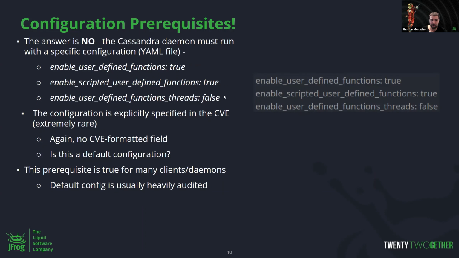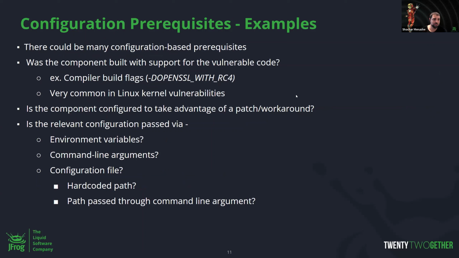Sorry, I didn't elaborate, but specifically on Cassandra, this is only exploitable in a non-default configuration. There has to be a YAML file, and it has to have these specific configurations. So, more examples of configuration prerequisites. Sometimes the configuration is even in compile time.